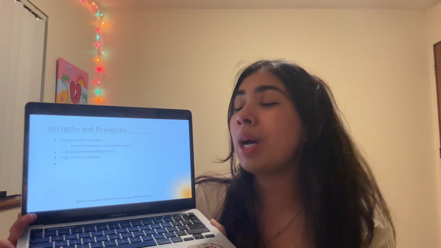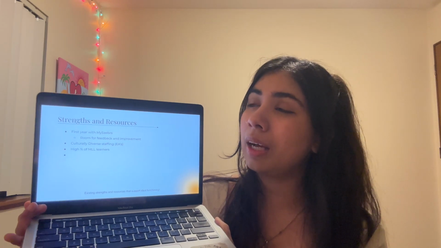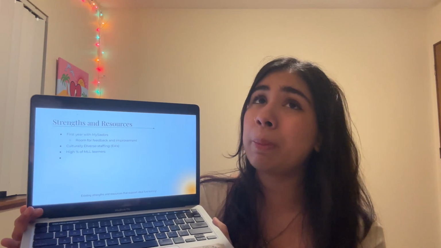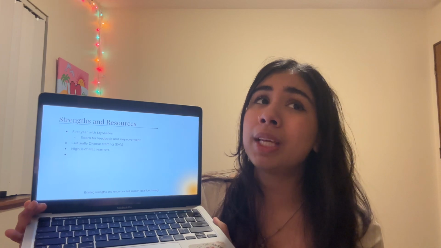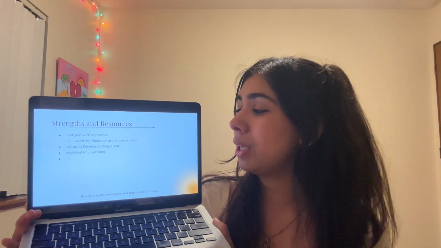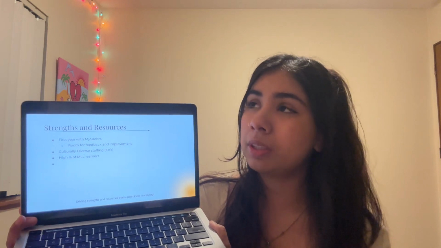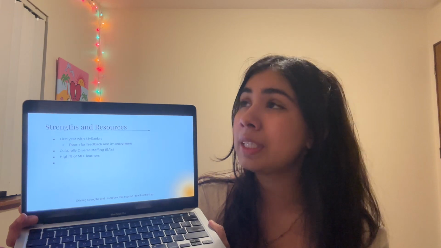And we do have a really diverse staff. We have a lot of EAs and we have most of the student population's racial and ethnic groups represented in our EAs. So sometimes there also have been translators, interpreters, or cultural brokers.